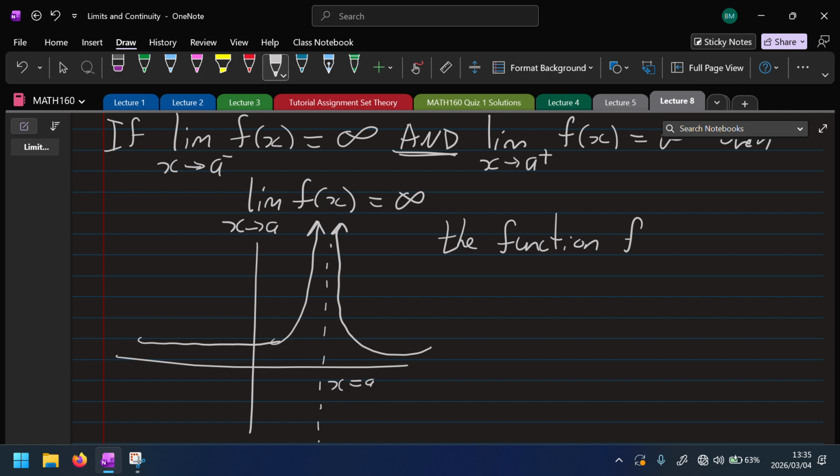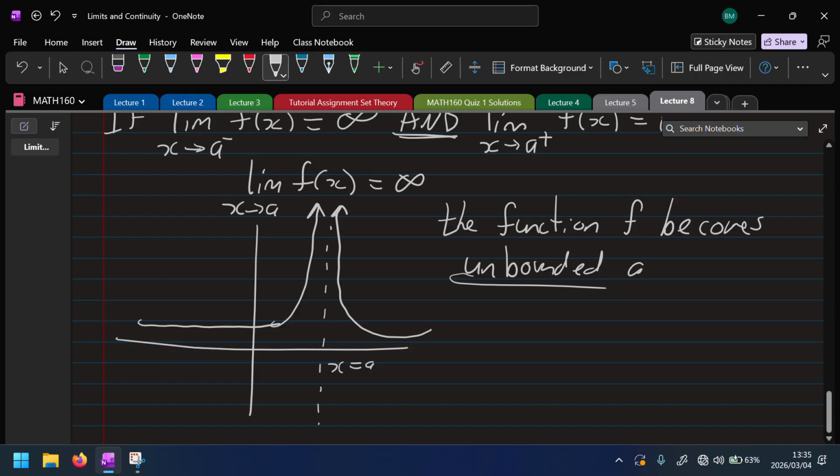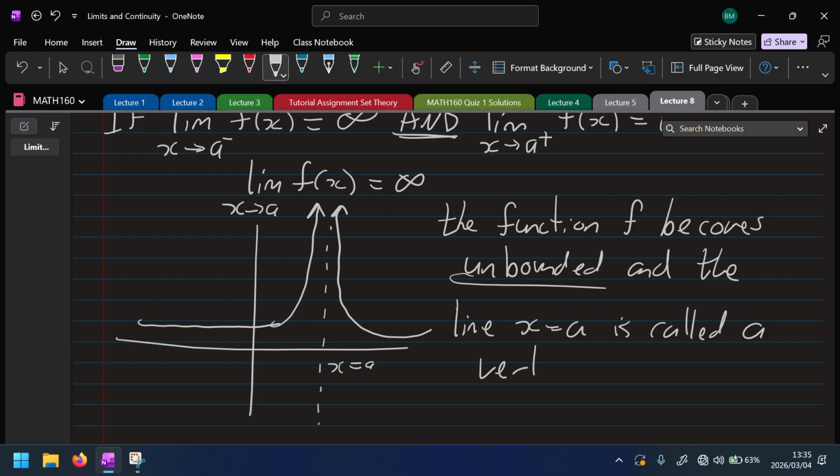So the function f becomes unbounded. And the line x equals a is called a vertical asymptote.